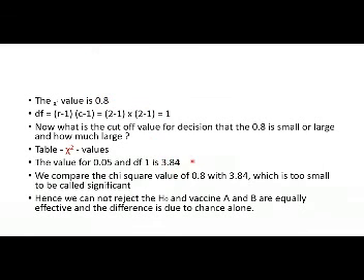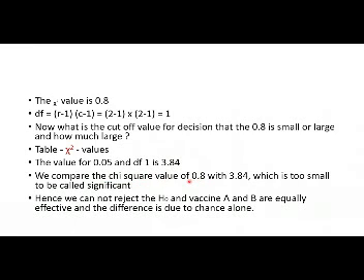Now, in order to reject or not reject the null hypothesis, our test statistic must cross this critical value. If we cross it, we are outside the two standard errors, and we can reject the null. This 0.8 is quite less than 3.84, so we cannot cross this limit.